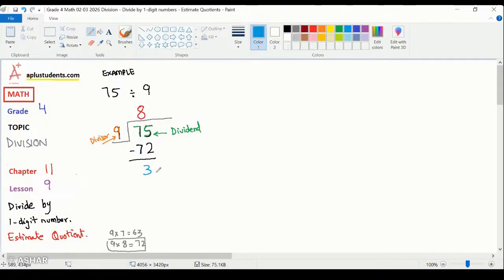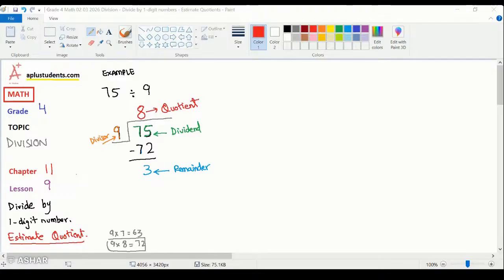The 3 over here is the remainder and the 8 was the quotient. So what we are trying to do is estimate the quotients. Okay, let's look at the first question.